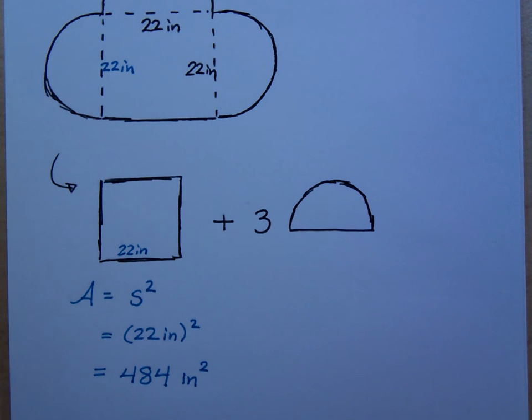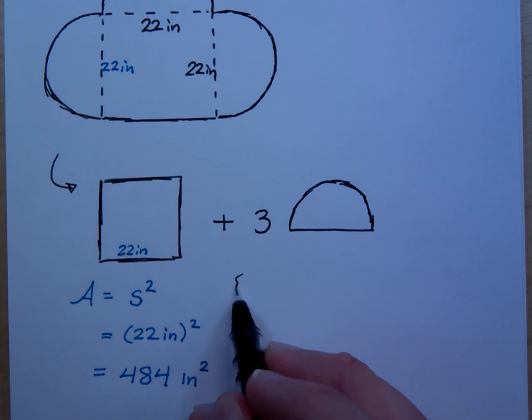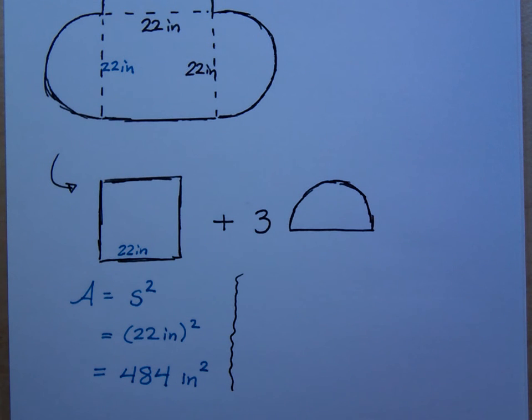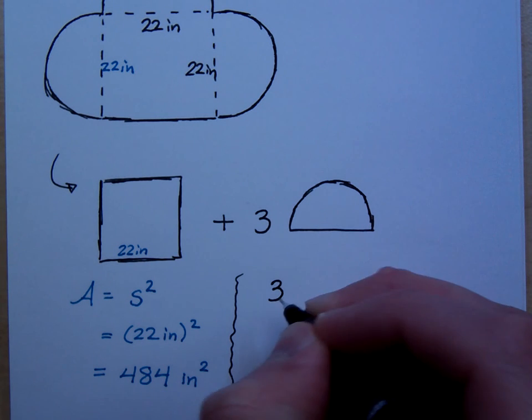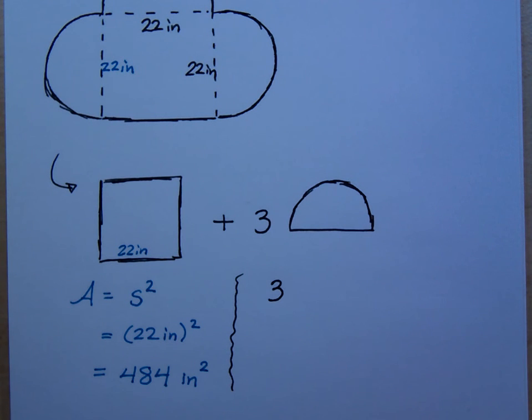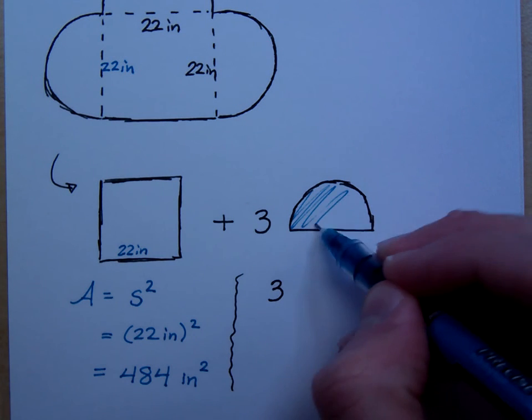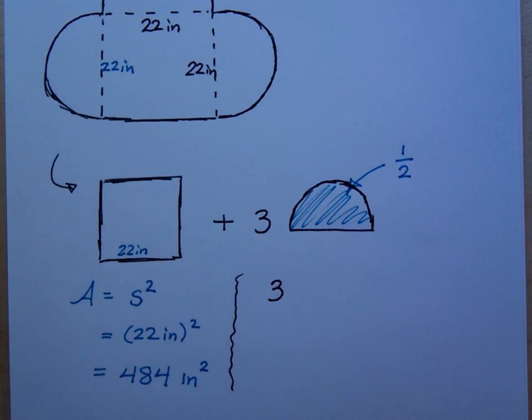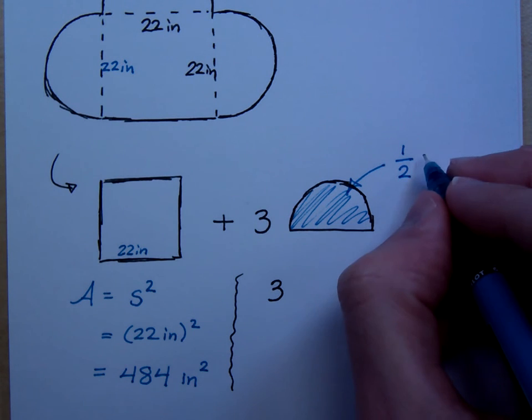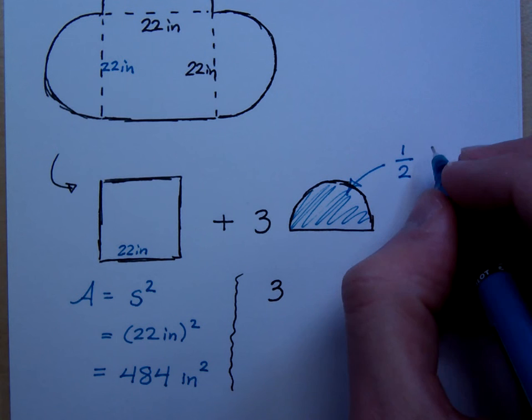But now you've got this other little piece over here with the semicircles, right? Is a semicircle the area of a whole circle? No. So this guy right here is only half of that area. So this guy's only half of what? What was the area for the whole circle?